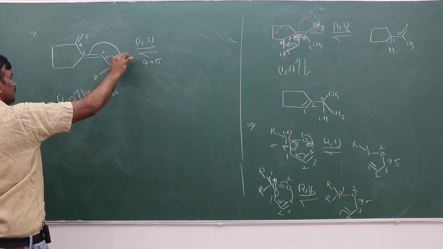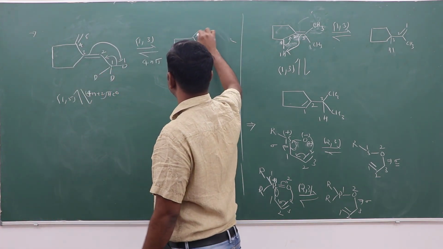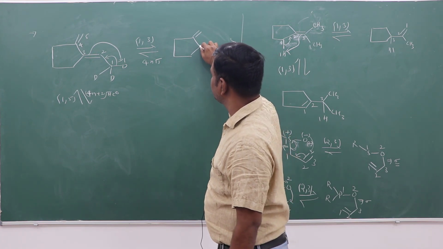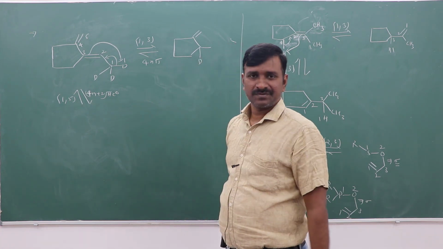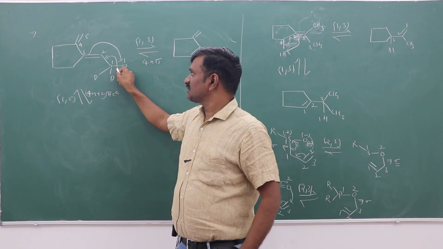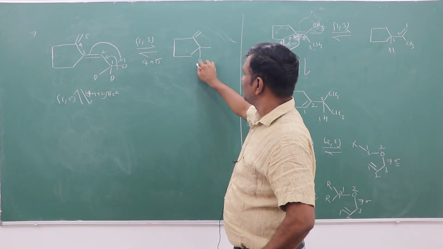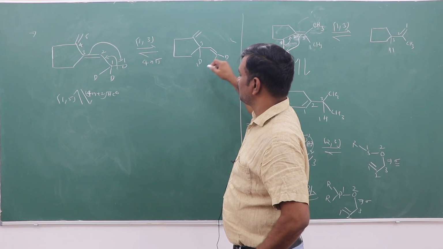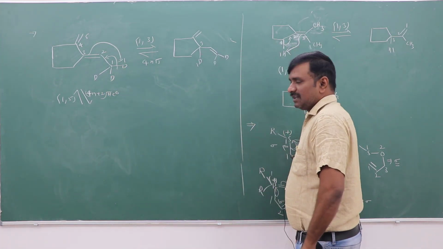The product does not change at positions 4 and 5, as they are not involved, only up to the third position. Deuterium is attached to the third position. The 1,1 bond breaks and a bond forms at the 3,1 positions. This is the resulting product.